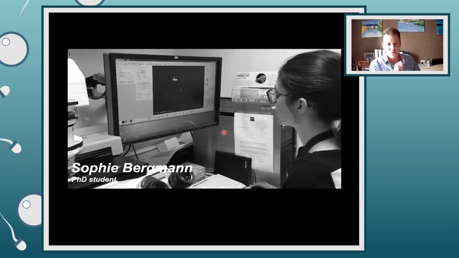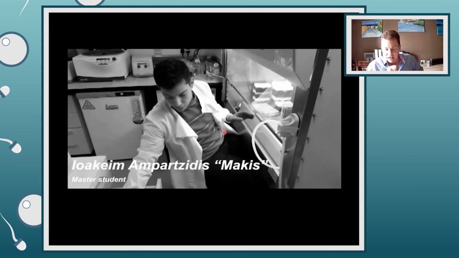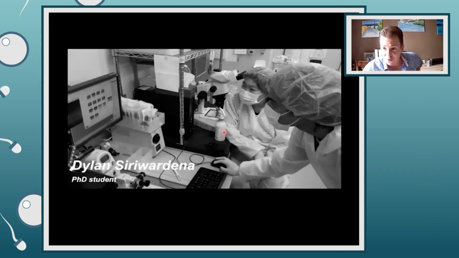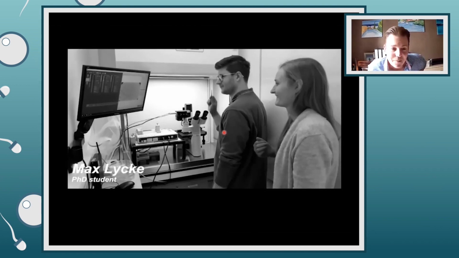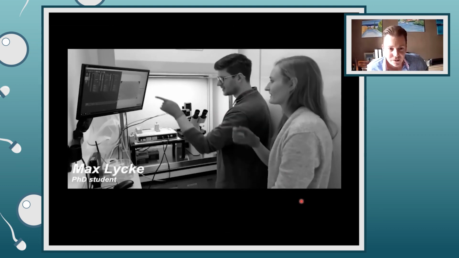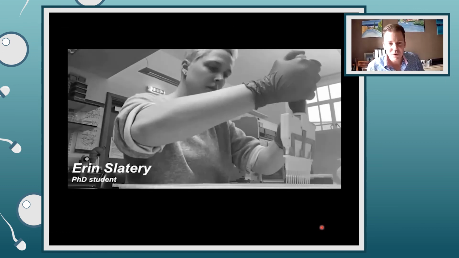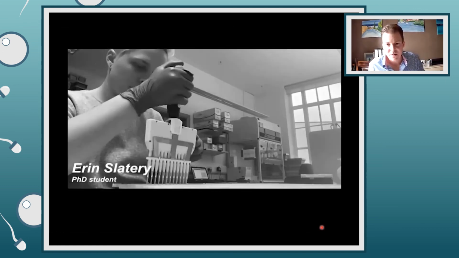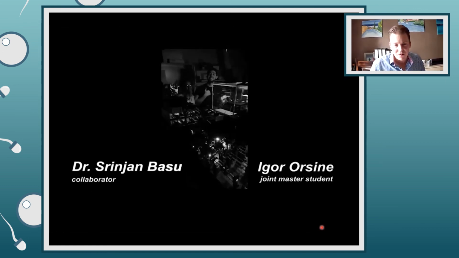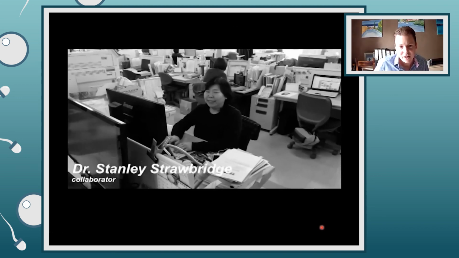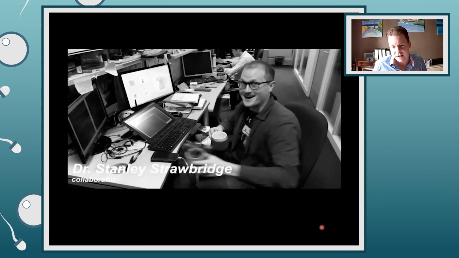So this is Sophie doing laser capture microdissection, Marquis working in the lab, Dylan works on trophoblast. This is Max, who is working on the hypoblast. Erin works on pluripotency, and she's very swift with her pipette. We have a collaboration with Shrinjan on super resolution. Erika Sasaki has provided embryos.